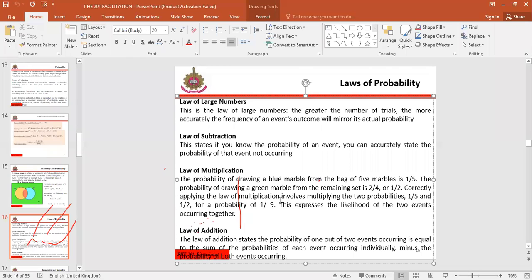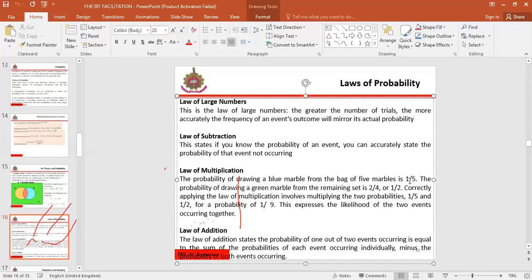Now, what we are trying to say here is this. Say you have a box, and some marbles of different colors are put in it, totaling 5. You have to take one blue marble from the box.